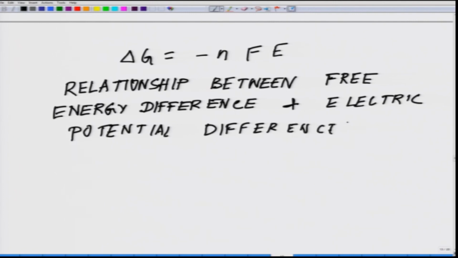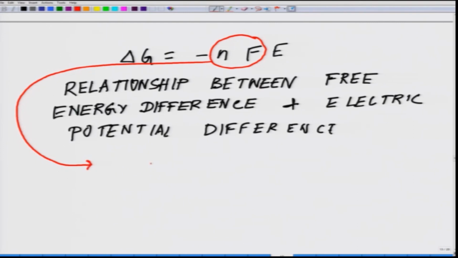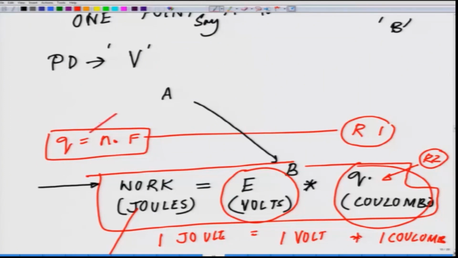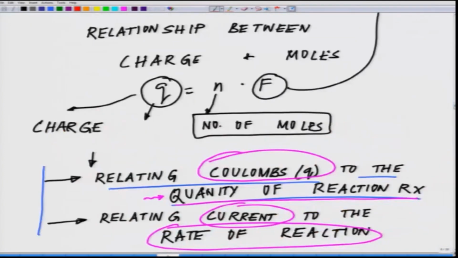In other words, if you look at this term NF, you remember that this term was Q. Q is equal to NF, the total amount of charge, which is the Faraday's constant we talked about in the very early classes.